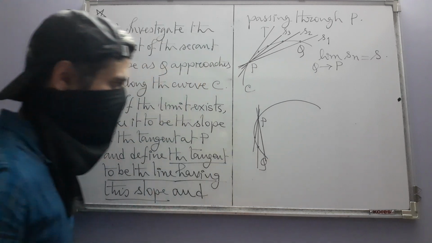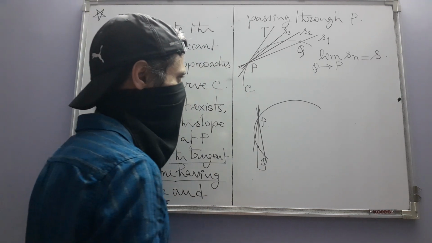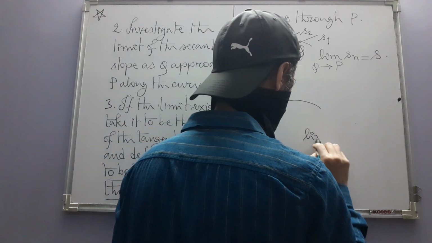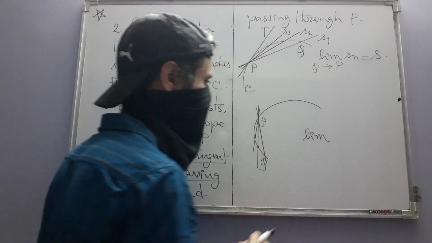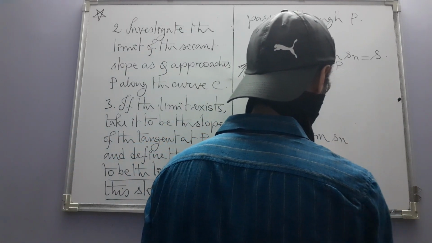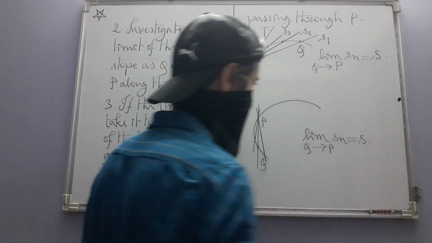So these new secants will also have some slopes of their own, and those slopes have to reach the same limit.